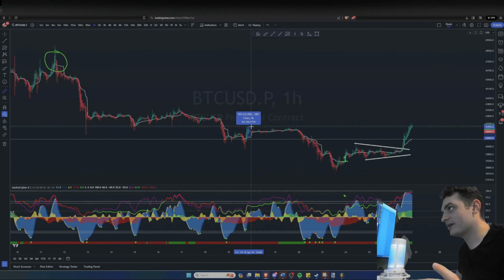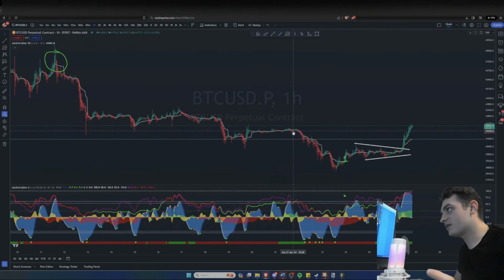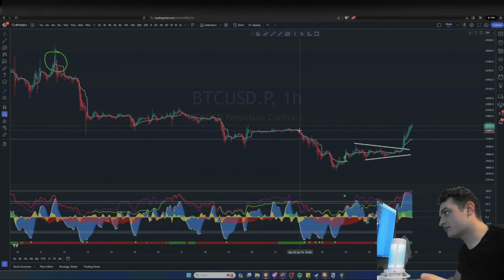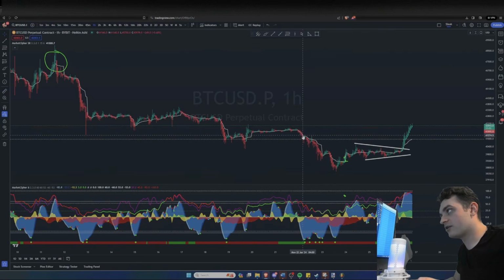For instance, here we had a 2.68% deviation from VWAP, but then we just went sideways for a couple days. So it's not a guarantee. But if you look at this other side here, once we got that 2% divergence from the mean, that was the start of a larger continuation to the downside.